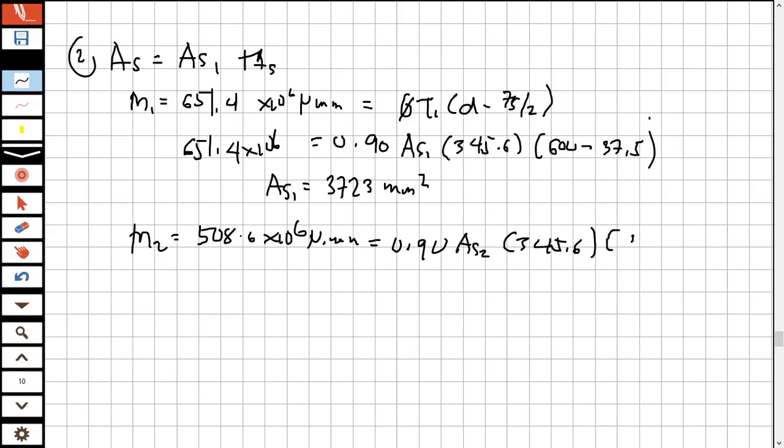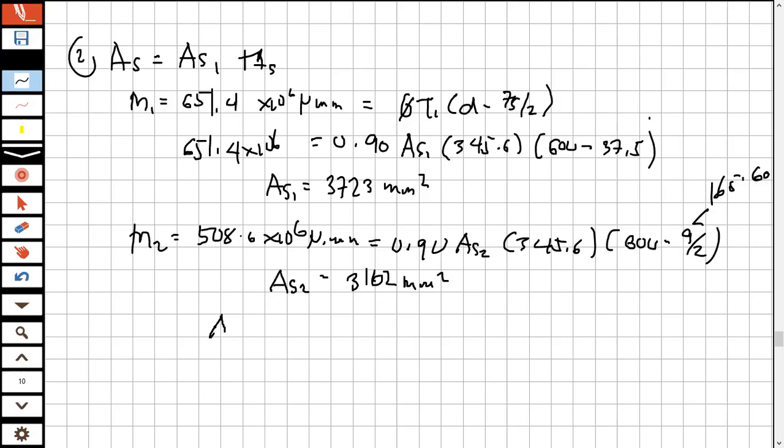Then you have d, 600, this time minus a over 2. We calculated a earlier, equivalent to 165.6. So we can calculate As2. I expect the value of 3162 square millimeters.